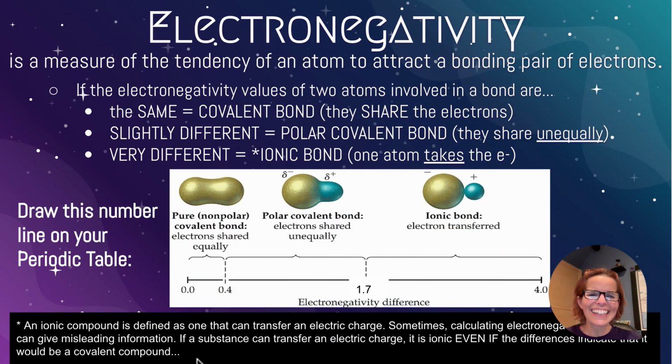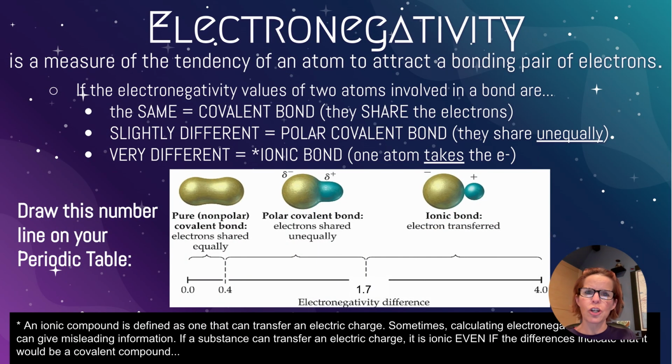Very important that we notice this little note at the bottom. An ionic compound, so anything between 1.7 and 4, is defined as one that can transfer an electric charge. Sometimes calculating electronegativities can give misleading information. If a substance can transfer an electric charge, it is ionic, even if the differences in the electronegativities would say that it's a polar covalent or a covalent compound.